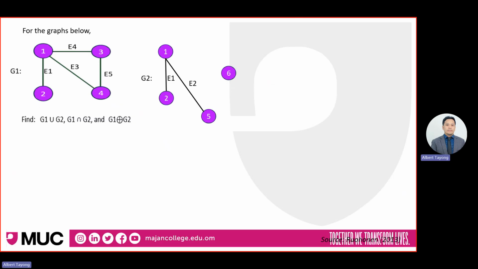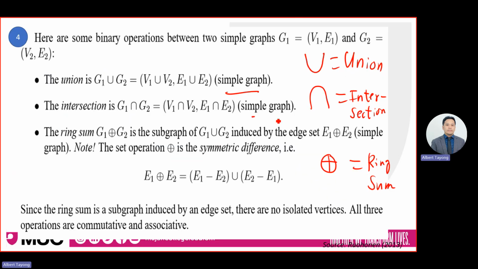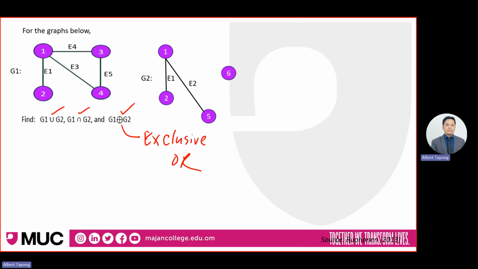When we talk about union, intersection, and exclusive or ring sum, we also call this as exclusive OR. We are talking about simple graphs actually. Okay, same with the complement.